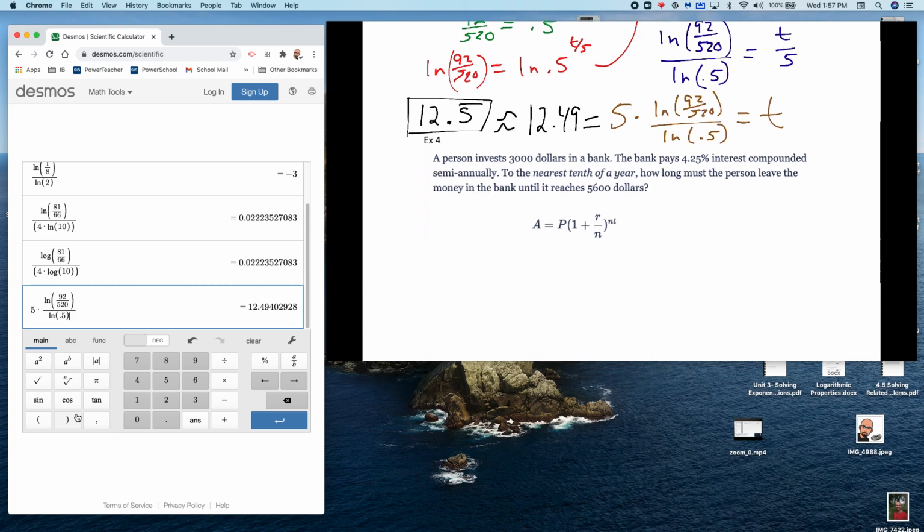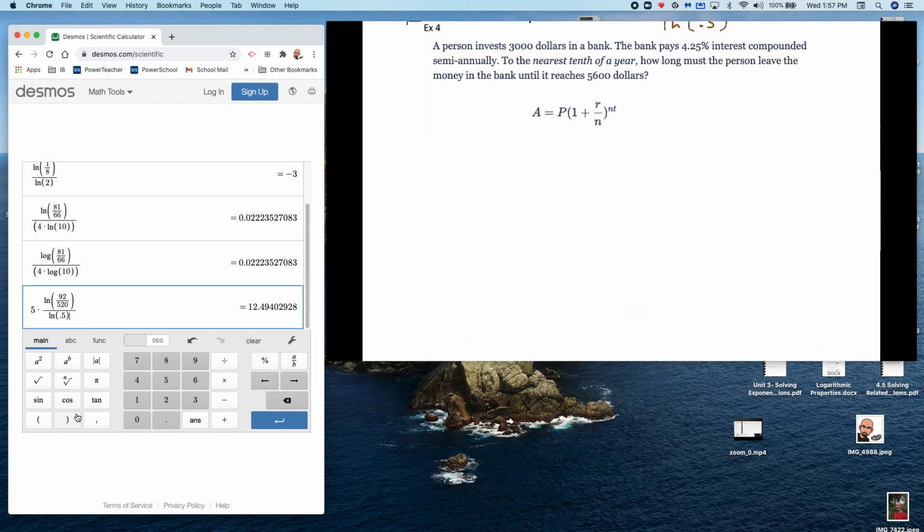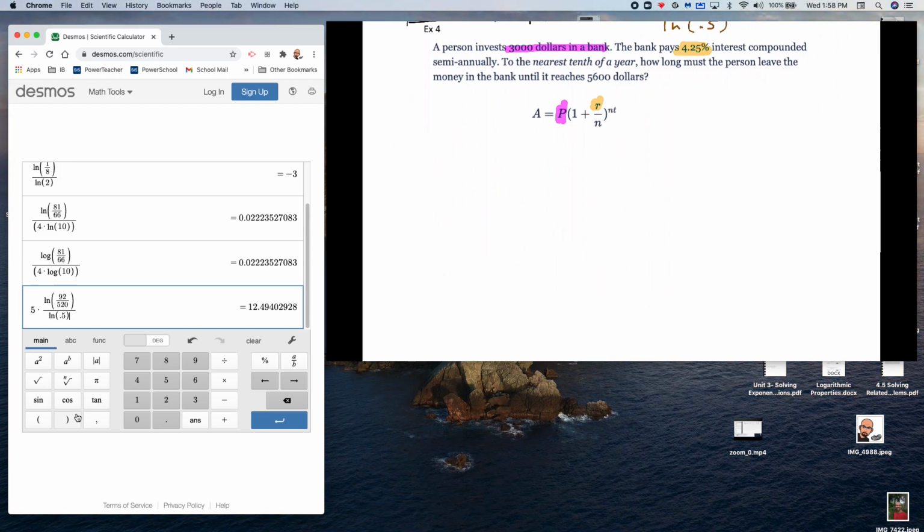So let's look at this last problem here. Person invests $3,000 in a bank. Well, that $3,000 is going to go in for P. The bank pays 4.25% interest rate. That's going to be our R. Compounded semi-annually.